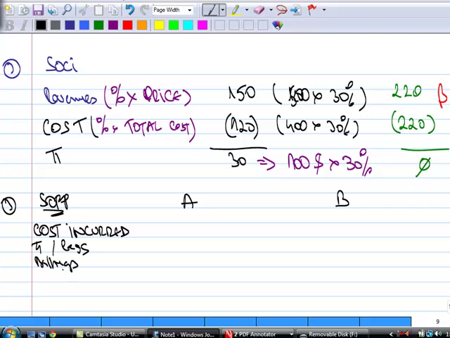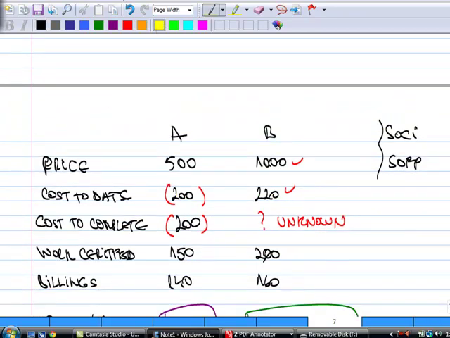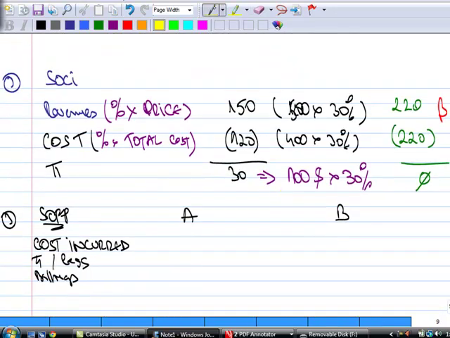And in here we will reflect the cost incurred, meaning you'll go up and take your cost to date. Okay? Cost to date is 200 and 220. So what I will have in here is 200, 220. Profit and loss recognized in the contract, 30 and nothing.